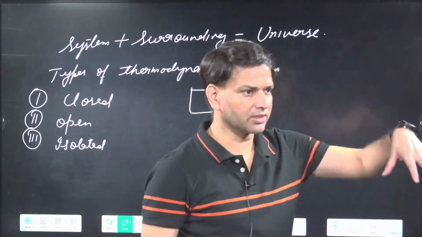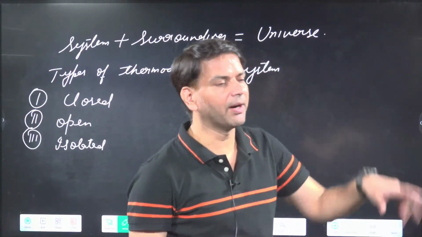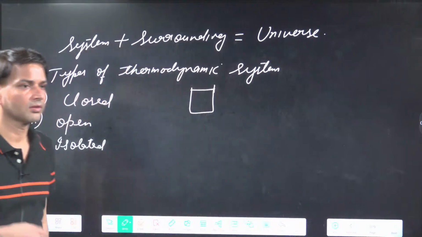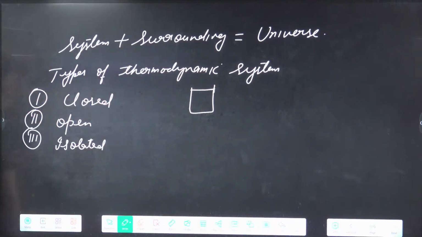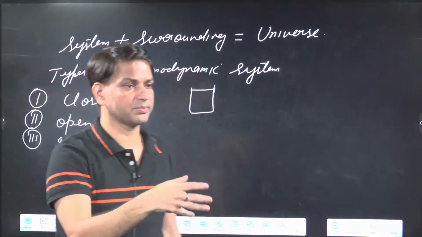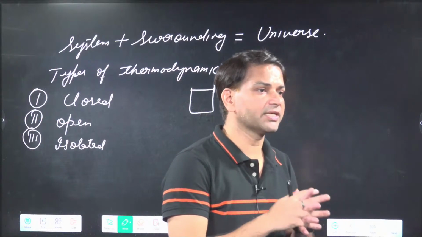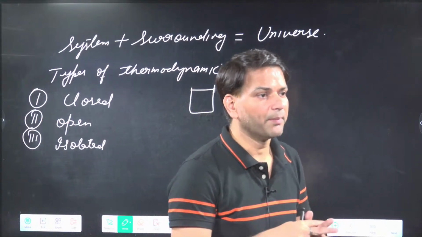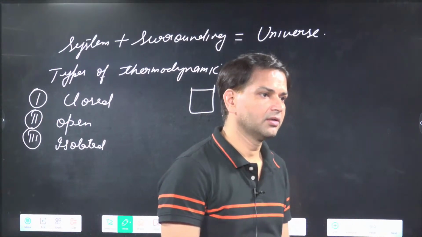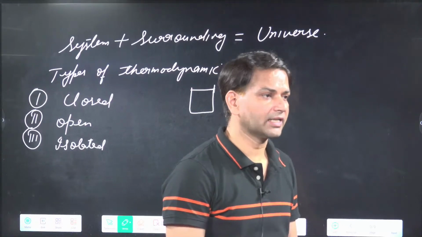Can it exchange mass with the surrounding? It cannot. Why? Mass cannot go inside the gas because it is closed, and it cannot go out of the gas. So mass exchange will not take place. But heat exchange may take place.